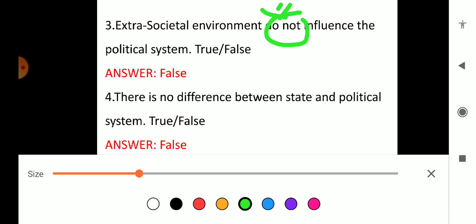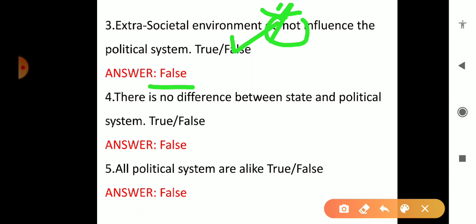Wrong means it is false, right? So the answer would be false and you will write only this false part. If the question had been 'extra-societal environment influences the political system', the answer would be true. Hopefully it is clear to you. Thank you.